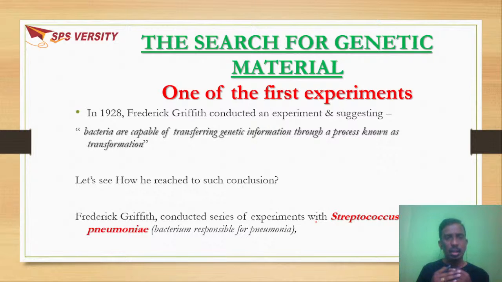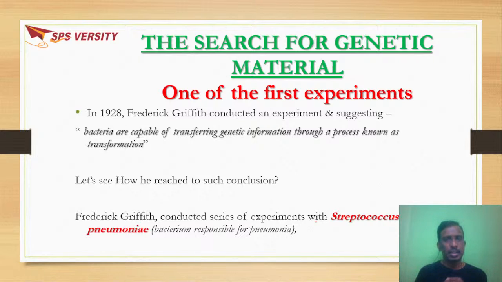Till now we studied the structure of DNA and its properties, the characteristic features, the double helix. Now, on what basis did they find out the genetic material, that is, the search for genetic material? What are the experiments?